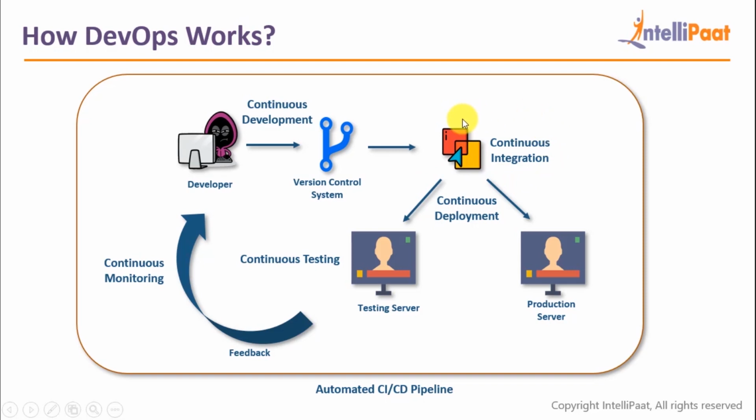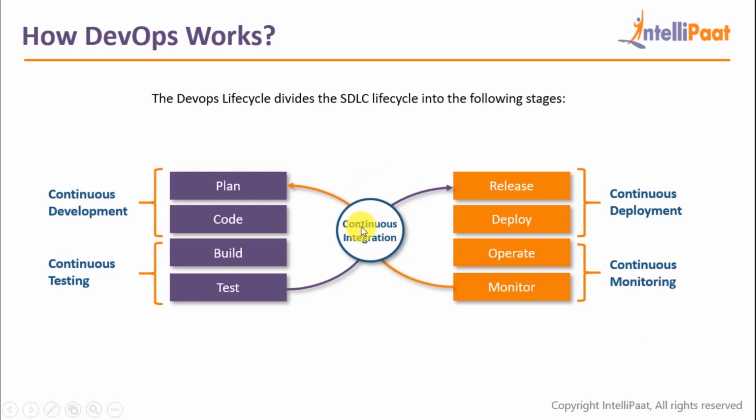A continuous integration tool does nothing but it joins each of these stages to each other. For example, if I have to go from continuous development to continuous testing, and if this happens in separate softwares, continuous integration will join these. Continuous integration will join testing and then deployment. Continuous integration will join monitoring and then again coming back to development.